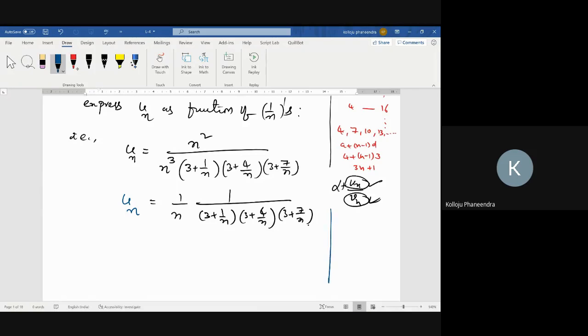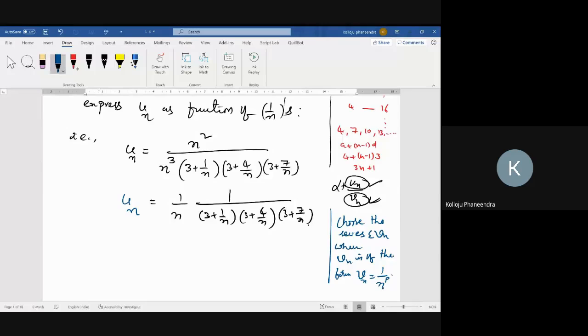Then the hint is to choose the series sigma Vn where Vn must be of the form 1 by n power p.